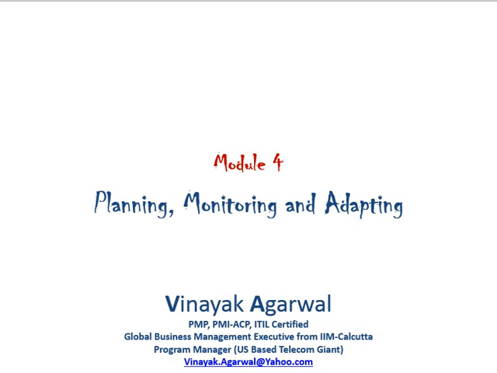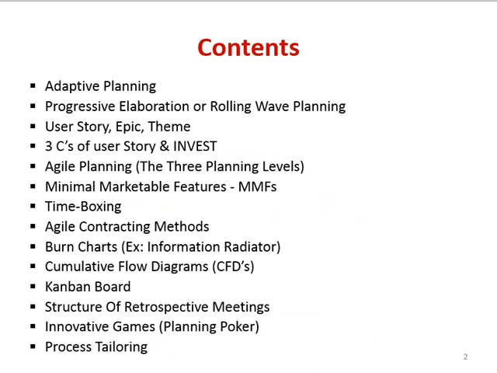A rapid briefing of the topics I will be covering today: adaptive planning, progressive elaboration or rolling-wave planning, user stories, epics, themes, 3 C's of a user story and INVEST, agile planning, the 3 planning levels, MMFs, that is minimal marketable features, time boxing, agile contracting methods, burn charts, a kind of information radiators, CFDs, that is cumulative flow diagrams.